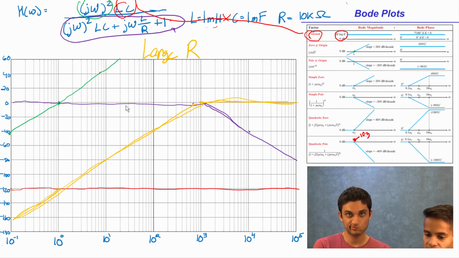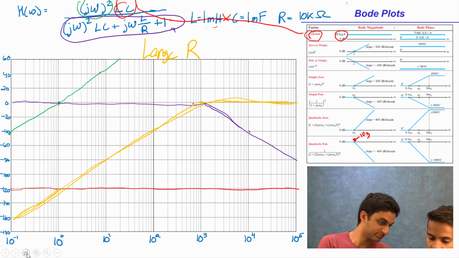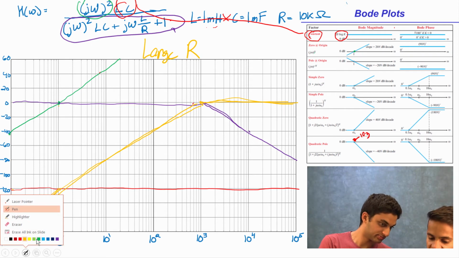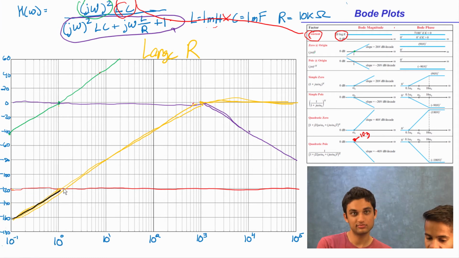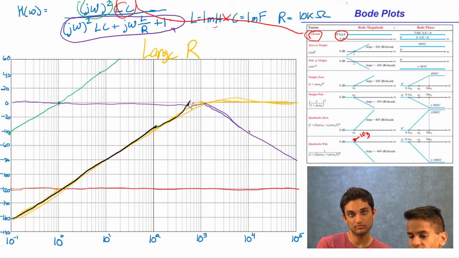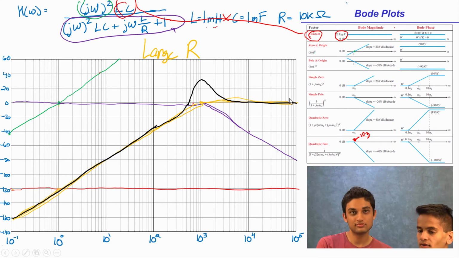So what about, say, medium R? That means there's a little bit less damping. Let's draw that in black. In that, everything up until the cutoff point is the same, but we're going to start noticing some weird things, like a bump. Great, so this is medium R.